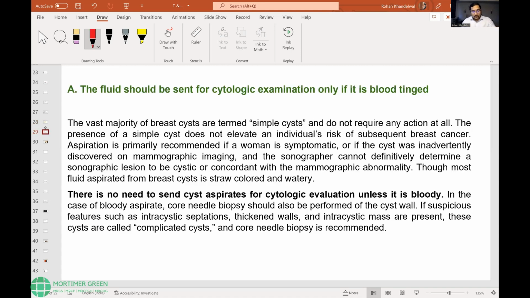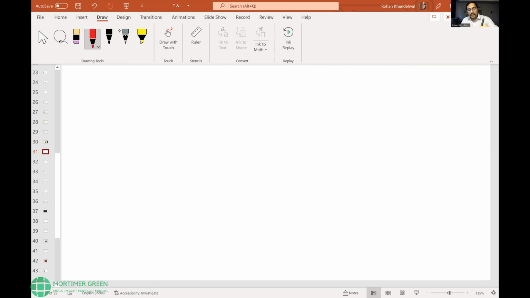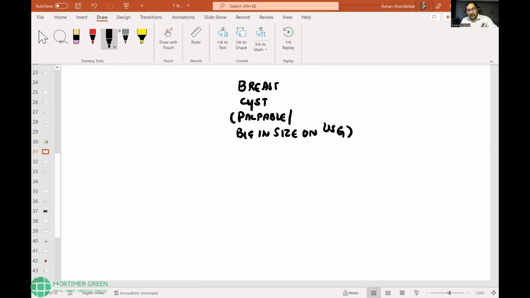So this is what a cyst looks like. Just to make things clear for you, if there is a patient with a breast cyst which is palpable or big in size on ultrasound, then we will go ahead and carry out an aspiration.